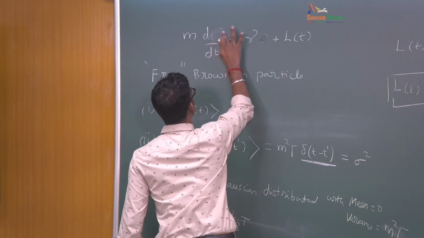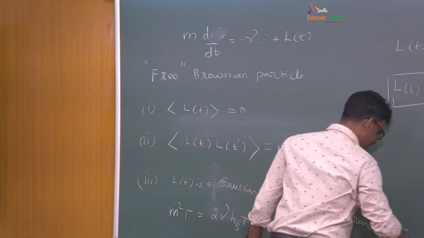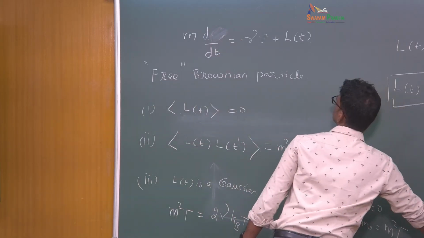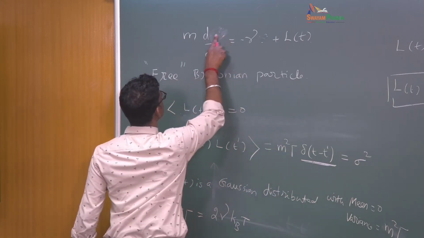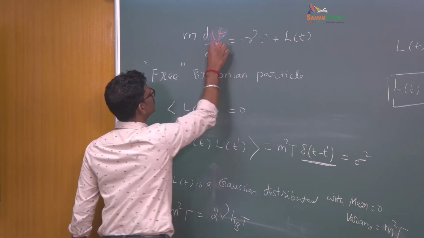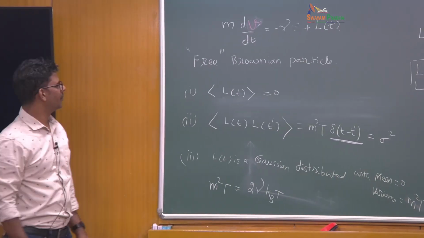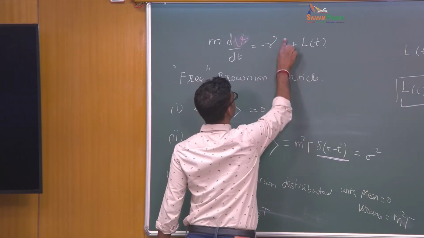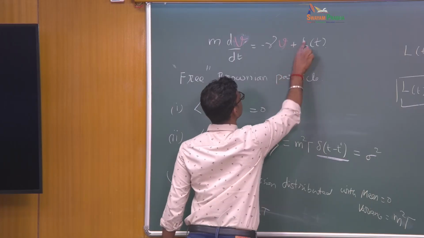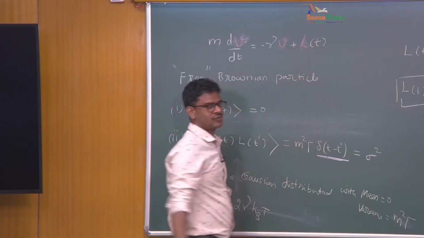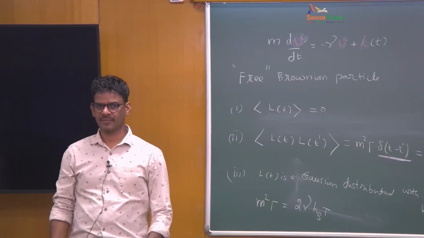Maybe I can use a different color. So this V becomes a 3-dimensional velocity having x, y, z components. So here also we will have this, and this also will become a 3-component quantity.